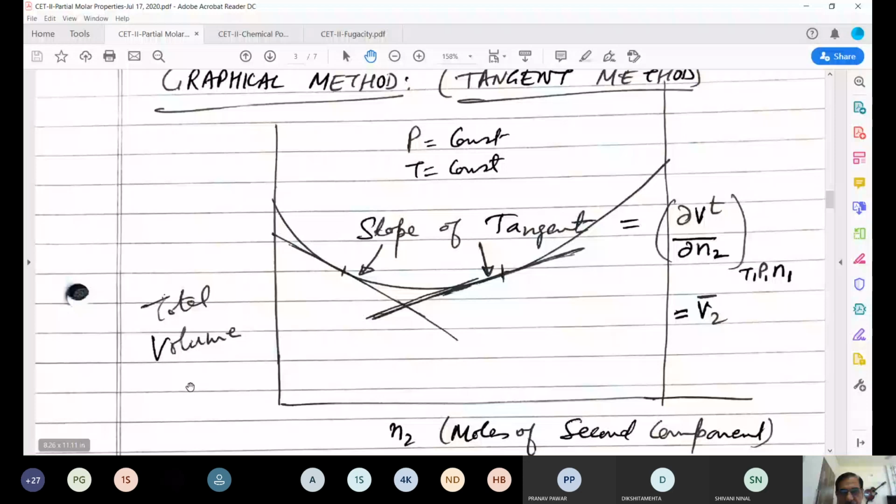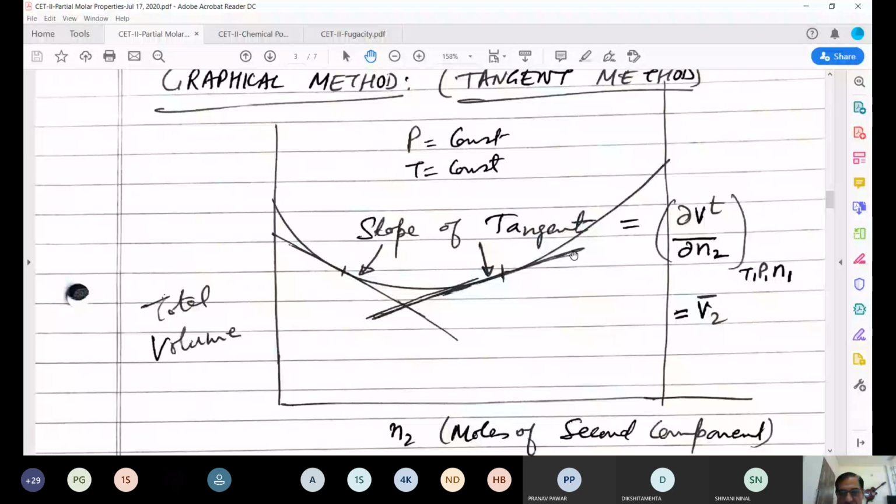So if you want the partial molar volume at this value of composition, we draw a tangent to the curve at that point. The slope of the tangent is delta Vt, which is the total volume, divided by delta N2 at constant temperature, constant pressure, and constant N1.